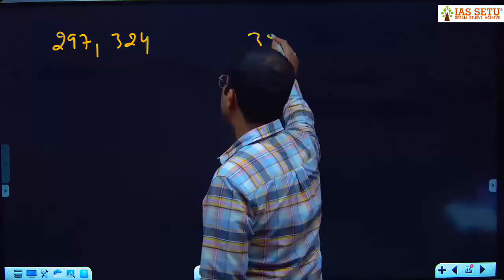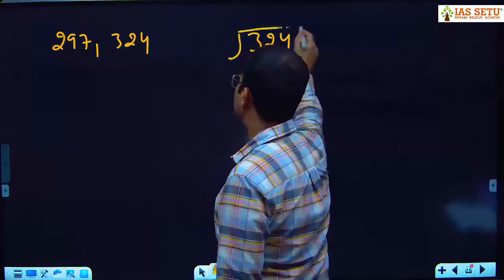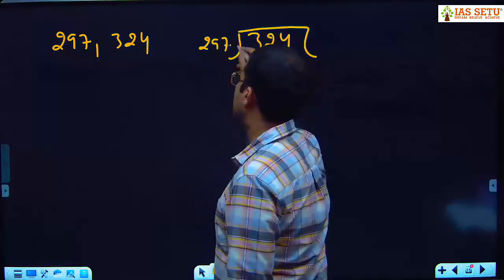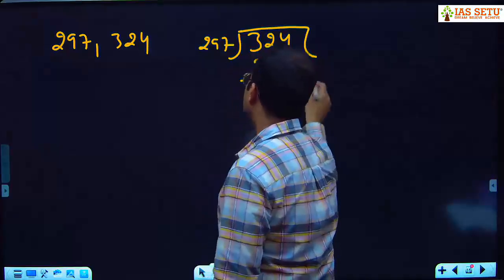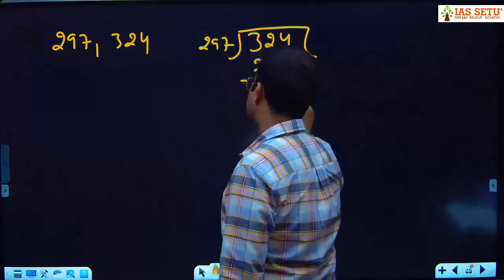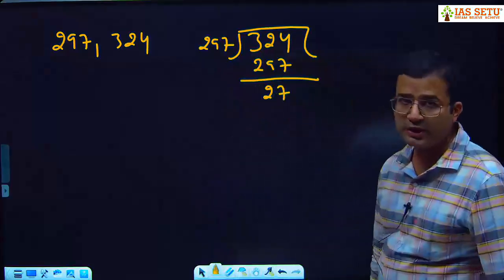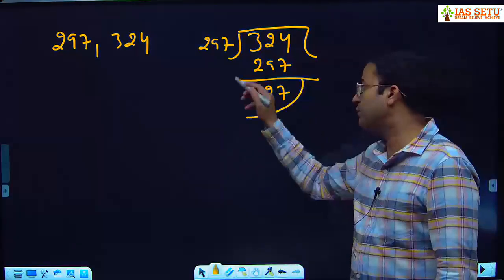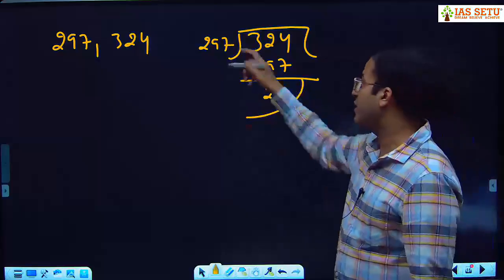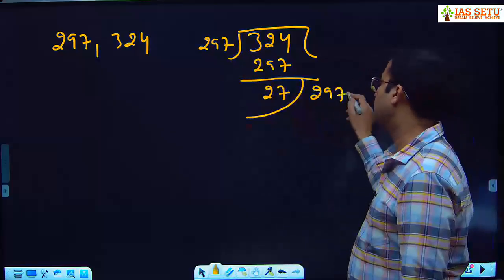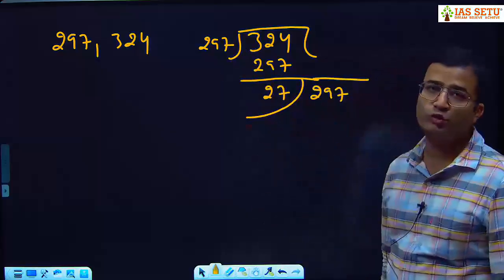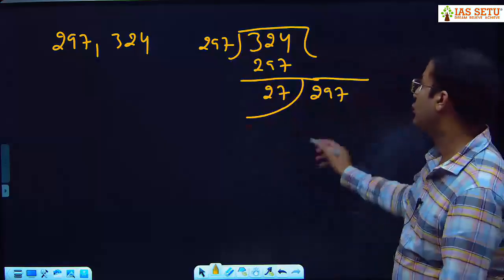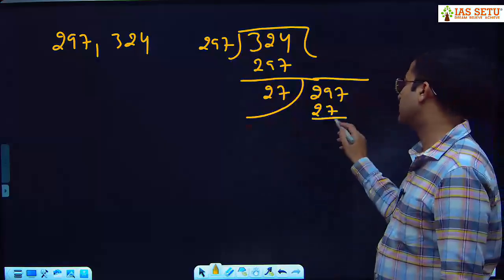So we try to divide 324 by 297. So it is 297. Then what is our remainder? 27. So as per the rule, 27 will become the next divisor and the last divisor here becomes the number. So we try to divide 297 by 27.